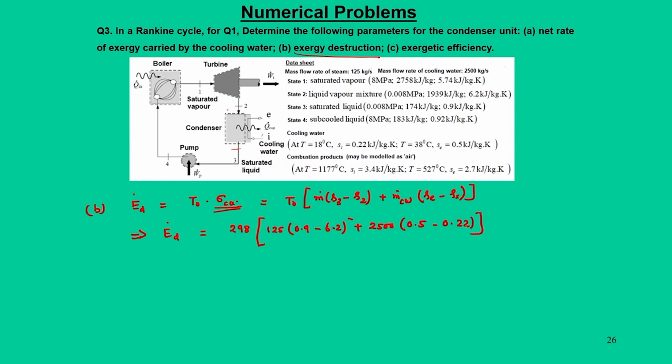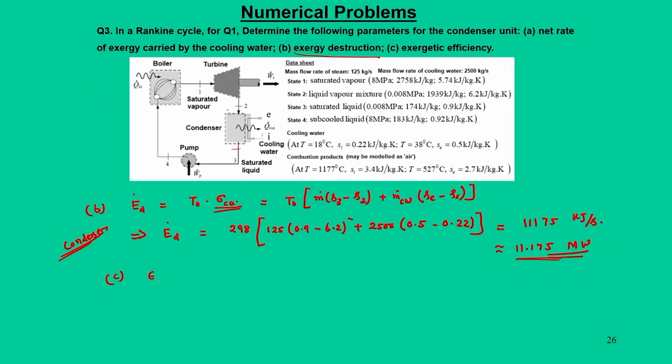By calculating this number, we say the exergy destruction is 11175 kilojoule per second. It is approximately 11.175 megawatt. So, the exergy destruction in the condensing unit, or condenser, is 11.175 megawatt.